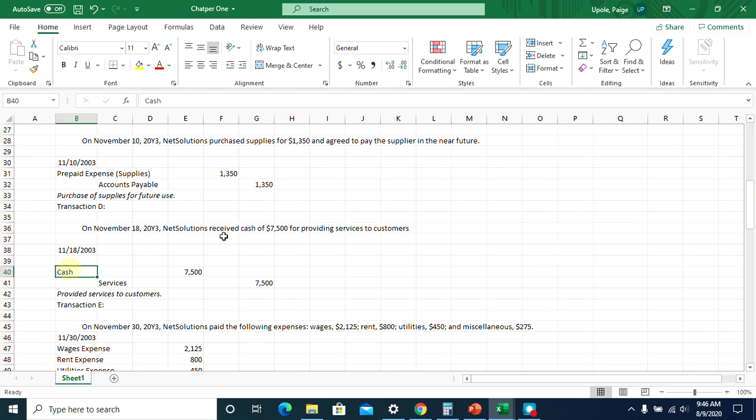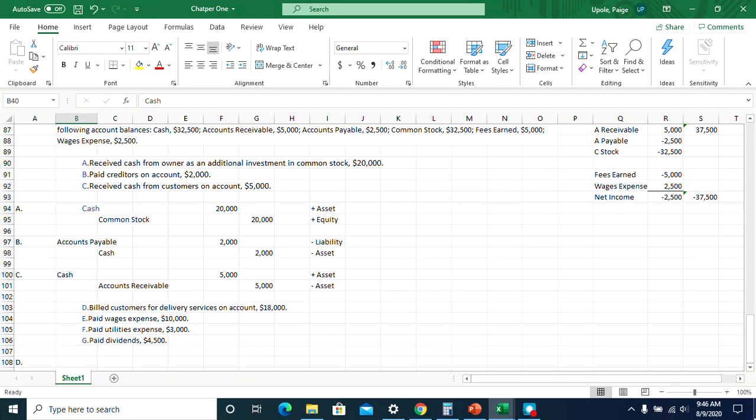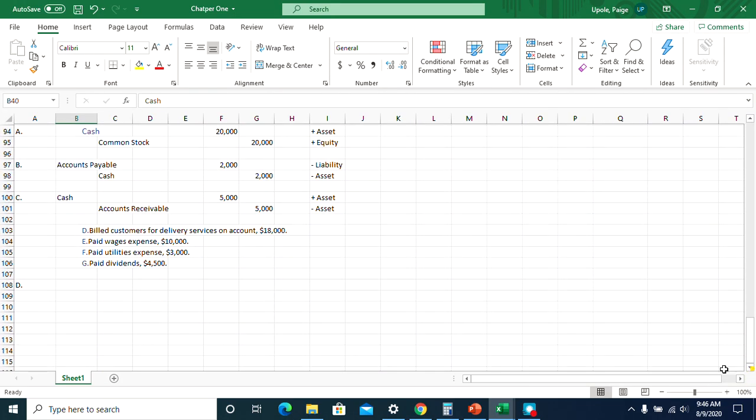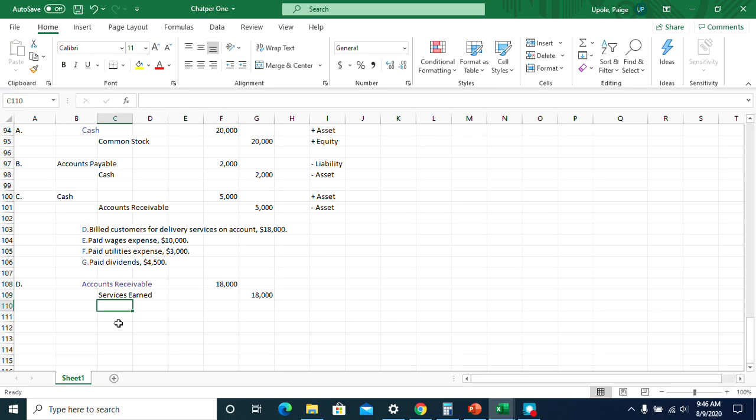Only now we're not receiving cash, right? We used that fancy term on account. So this means that we get to record an account receivable. So we're billing our customers $18,000 because we delivered services. For delivery services, sorry. So I'm going to call it services earned in $18,000.